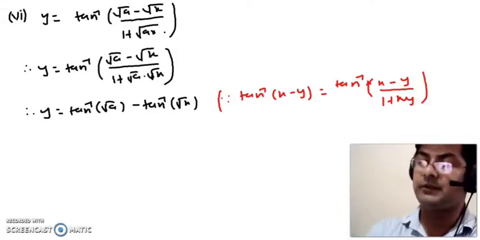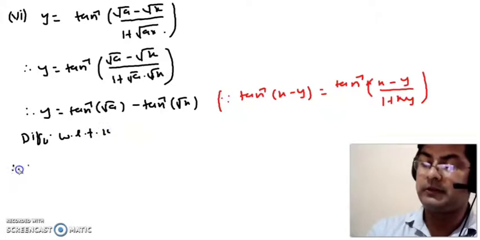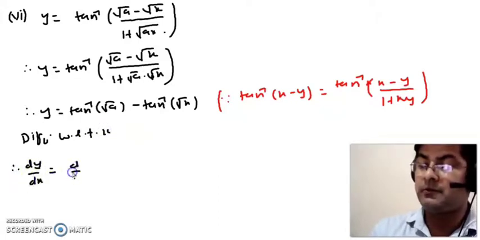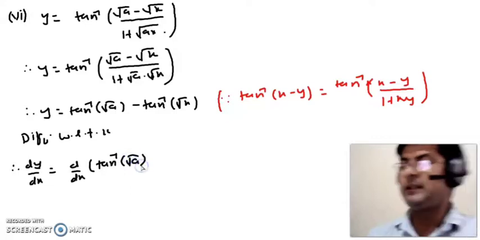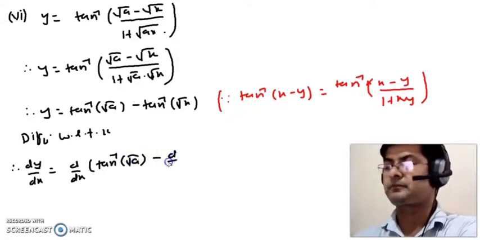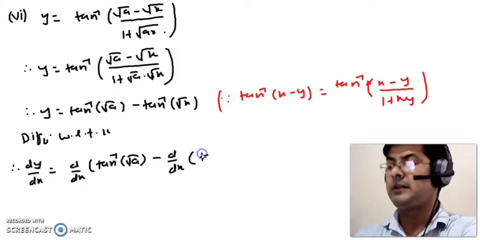Now we can differentiate. Differentiating with respect to x, we have dy by dx is equal to d by dx of tan inverse root a minus d by dx of tan inverse root x.